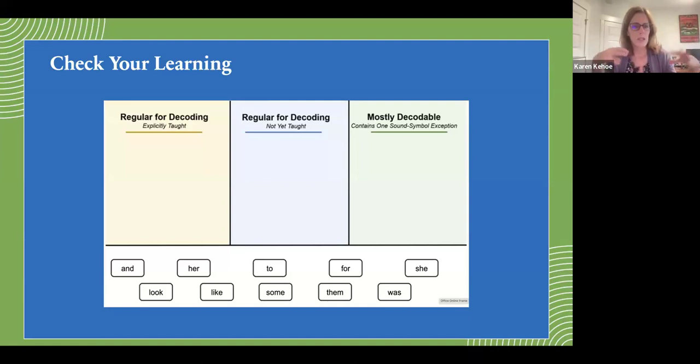So she gives this background of, based on these spelling patterns that the kids have learned, which of these words down here are regular for decoding and have been taught, which ones are regular for decoding but aren't yet decodable for these children, and which ones are mostly decodable but also contain an exception. And so she has them drag and drop. And again, there's that corrective and affirmative feedback built in there.